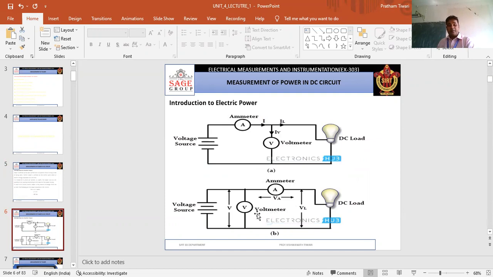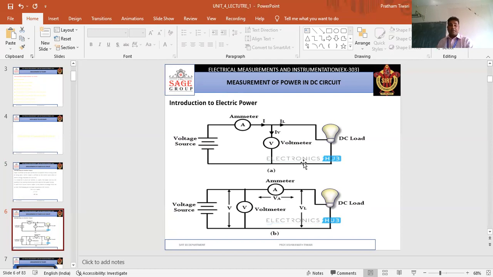Another arrangement of power measurement in a DC circuit is like this. First we connect the voltmeter in parallel and the ammeter in series with the circuit, and this is the DC load.